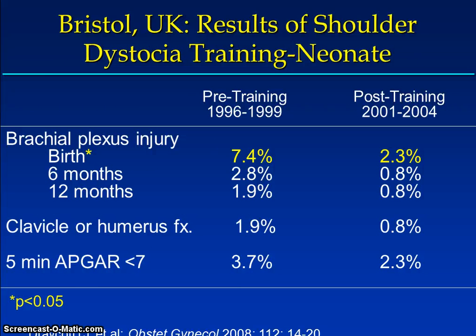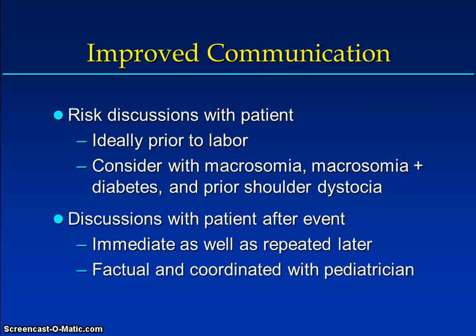And importantly, when they examined the frequency of brachial plexus injury, you can see that there was basically about a threefold reduction of the diagnosis of brachial plexus injury at the time of birth. And you can see that certainly the trend of more permanent or more persistent injury also occurred, though again these were not statistically significant results.